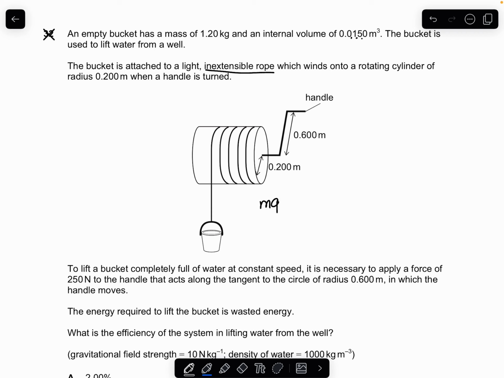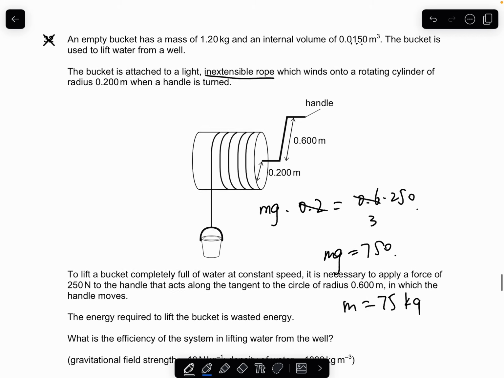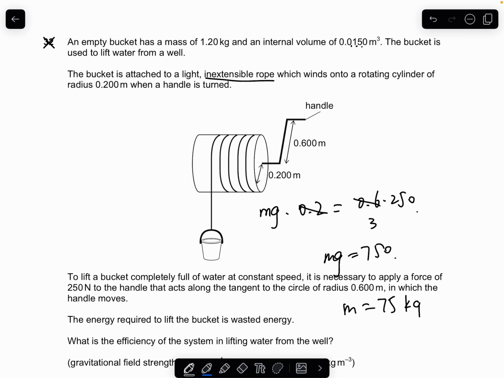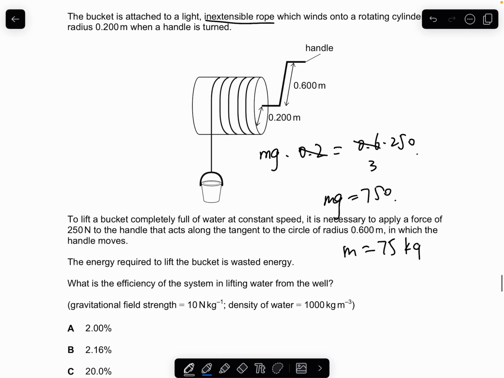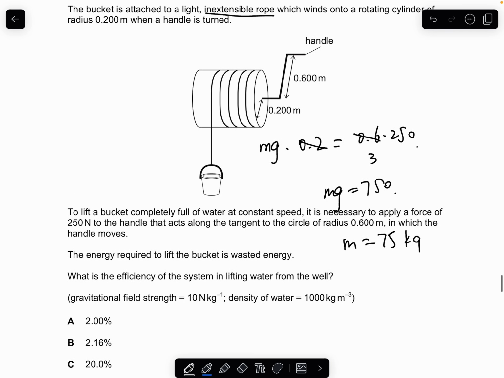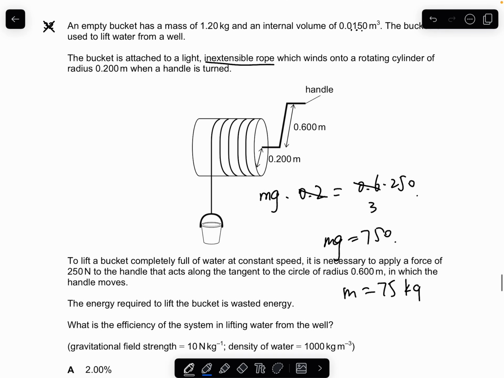So mg times 0.2 is equal to, so mg equals this, 75 kilograms. Really? Never mind. What?